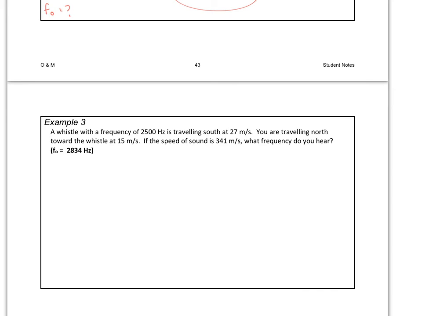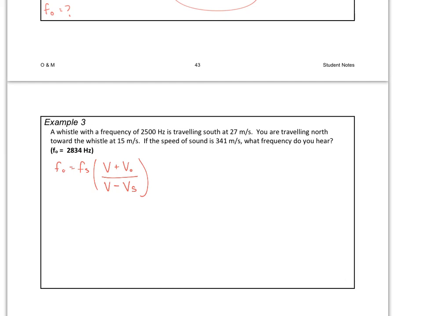Okay, so I'll just write out our formula initially here. fs times v plus v0, because the observer is moving towards the source, and v minus vs because the source is moving towards the observer. So the signs were derived from the first two equations to use in our third equation here.